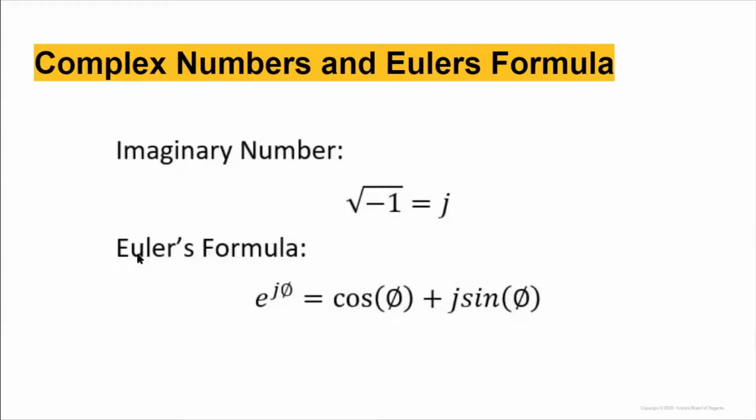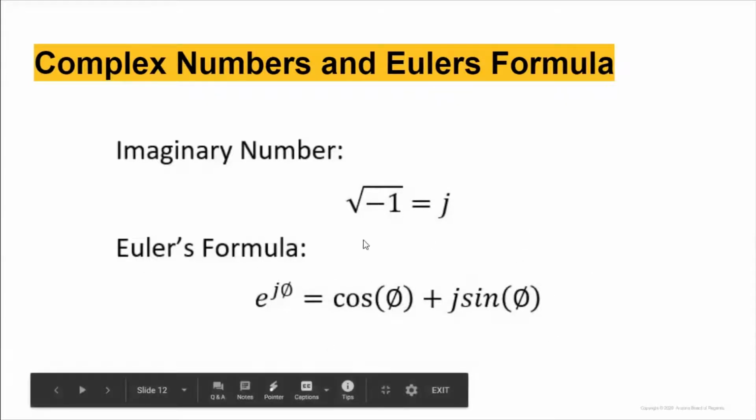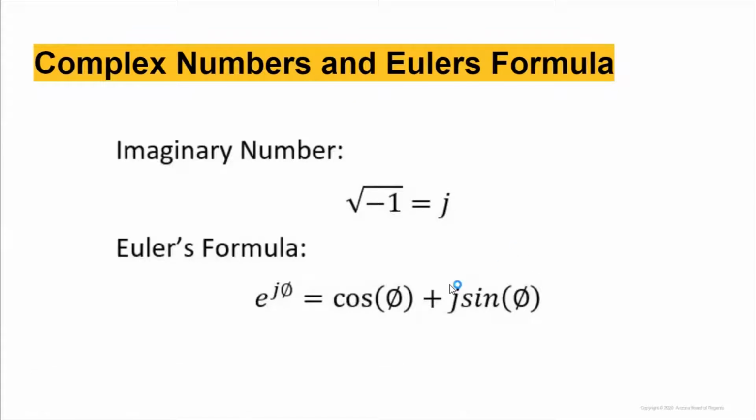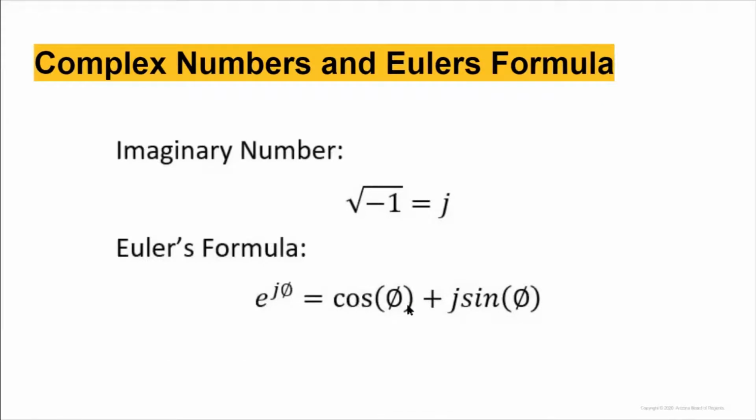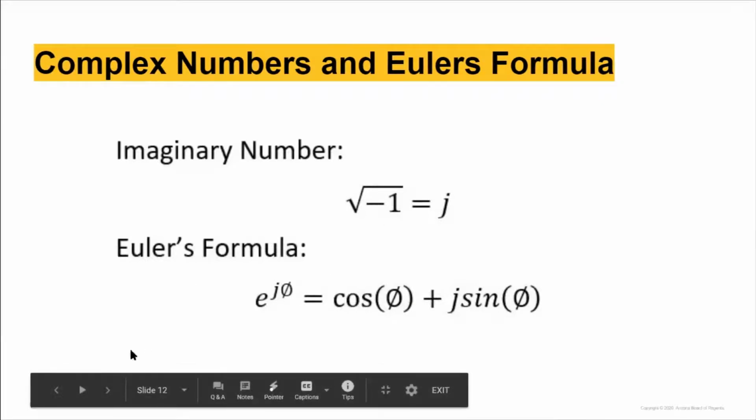This formula is called Euler's formula and is incredibly helpful. It helps us understand how to relate an exponential to cosine and sine. It helps us to break apart signals, and it will lead to some of the transformations and other things we'll do with signals later on.